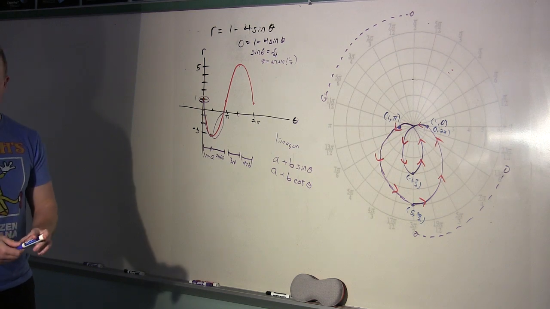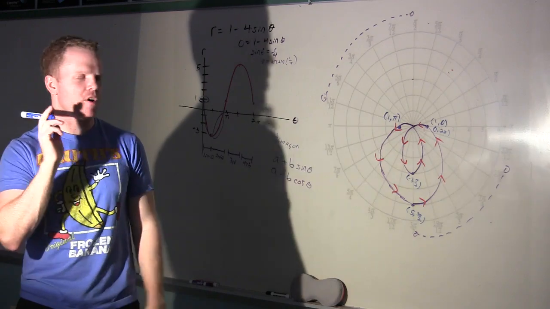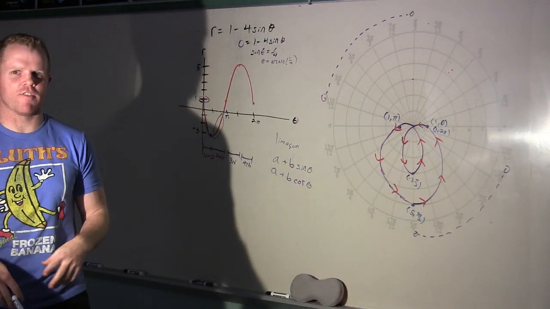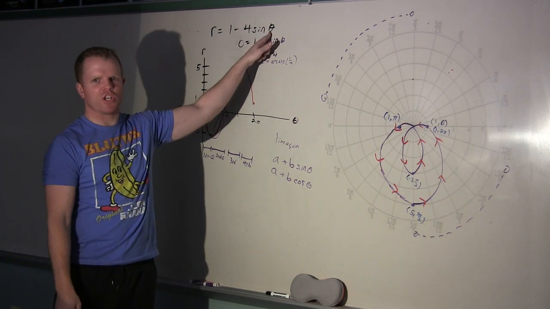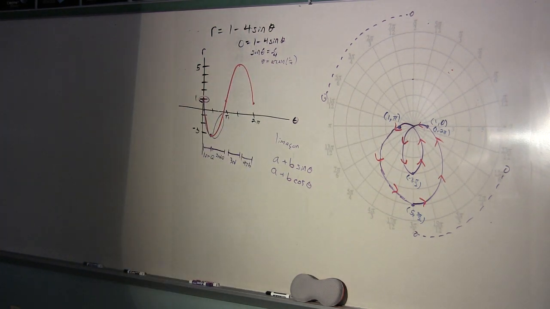That's pretty much it. I just want to take a peek at a couple other graphs that have a mix of positive r's and negative r's, but also particularly one where we change the period of our sine graph. So two more hopefully quick graphs.